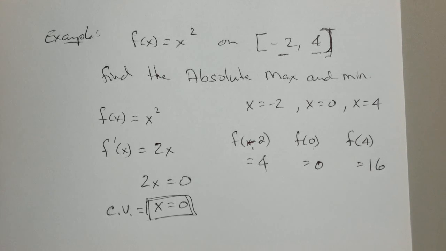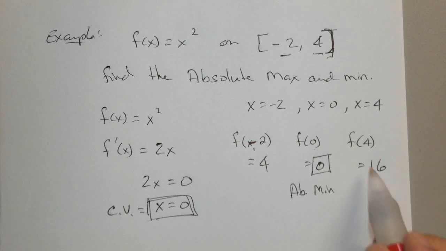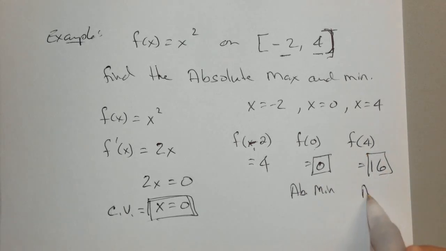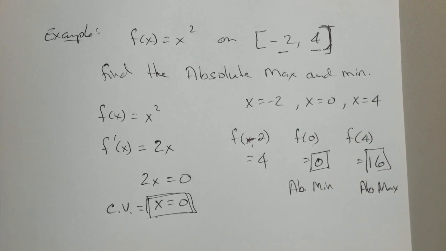We pick our maximum and minimum from these. So the smallest number is 0, so this is my absolute min. The largest is 16, so that's my absolute max. It just so happens at the endpoints.